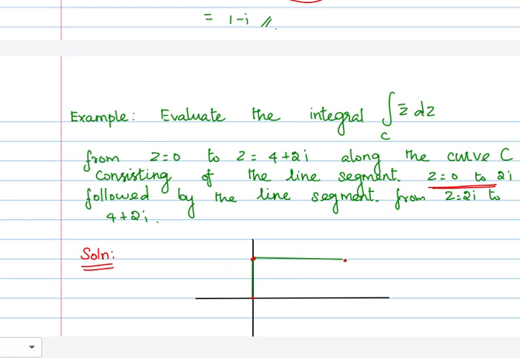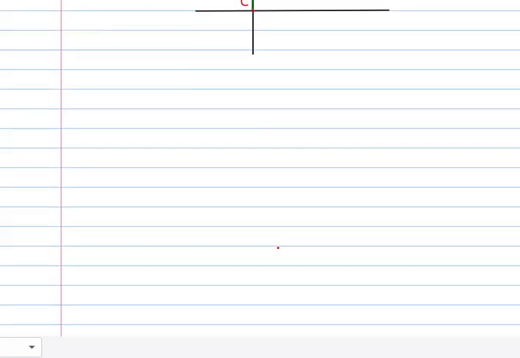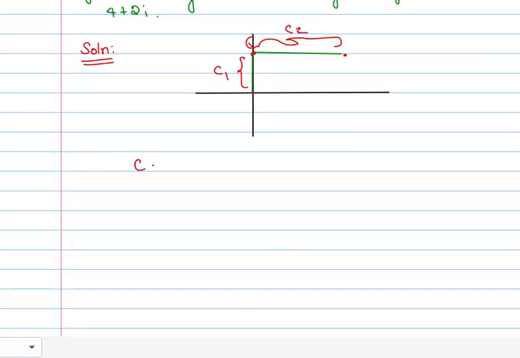So this is our C, my curve. First I will take this as C1 and this as C2. So my curve C is C1 plus C2.